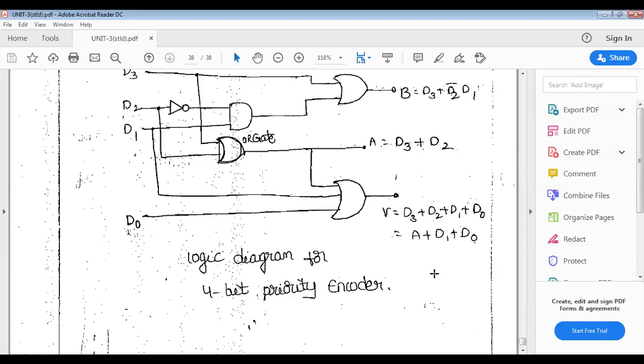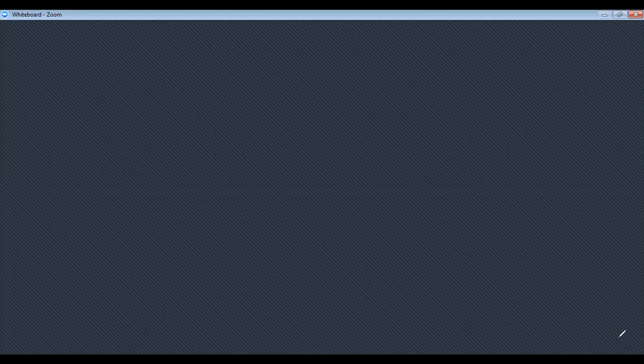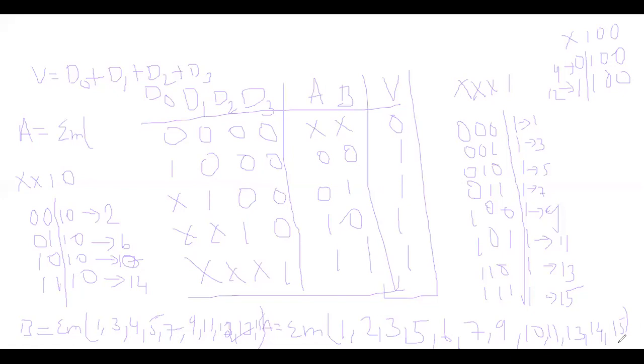We can take it as a 2-bit priority encoder also, 0001 like that. So let us see that also. I will show. The 2-bit priority encoder means D0 and D1.